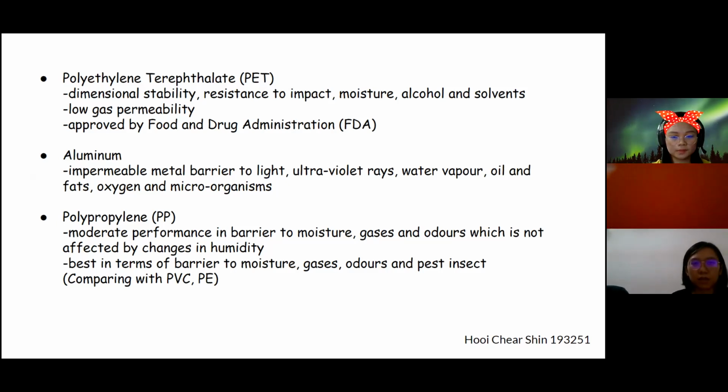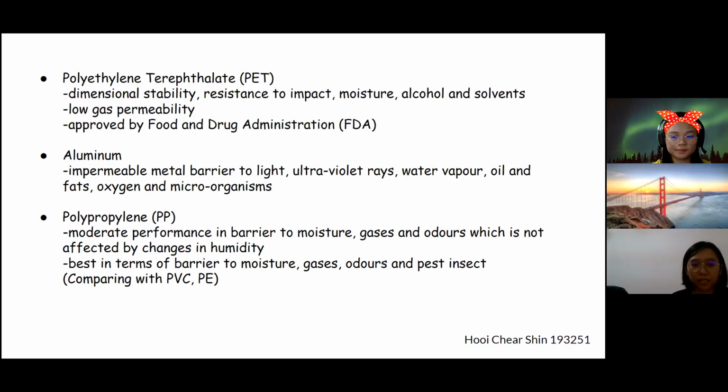This is because of the properties of PET: it is dimensionally stable, resistant to impact, moisture, alcohol, and solvent, and it has low gas permeability. Most importantly, it is approved by the Food and Drug Administration, FDA. So this is a suitable material to use as the outer layer.